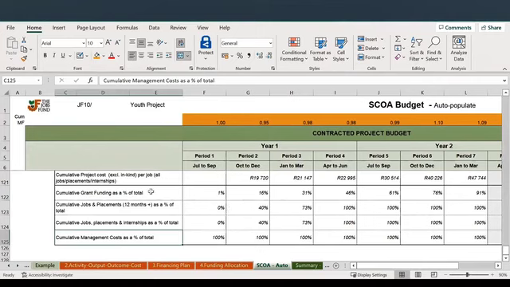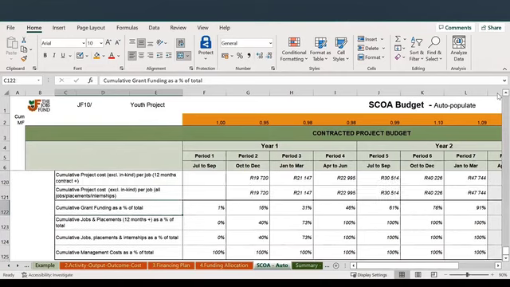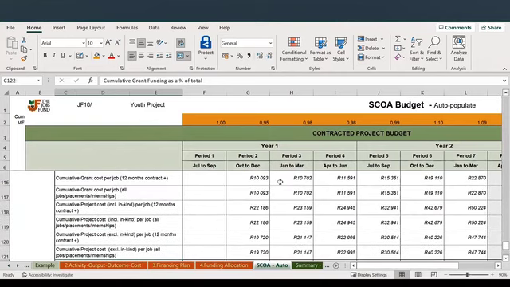Or if you're telling us that you'll be eating into the grant a lot faster than you deliver on your cost per job, we might have a problem. So it's just a way for us to, at the beginning, highlight risk. We might have a discussion with you about how to mitigate those risks.